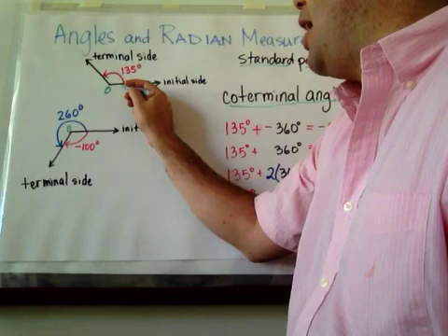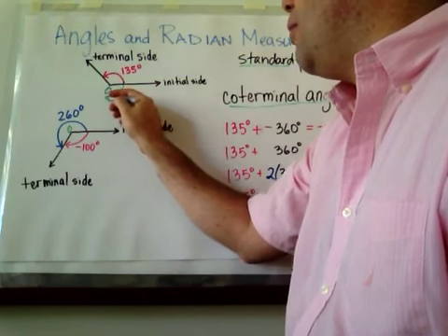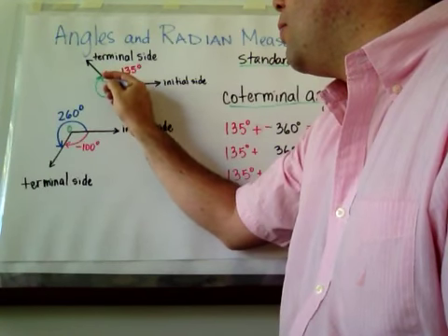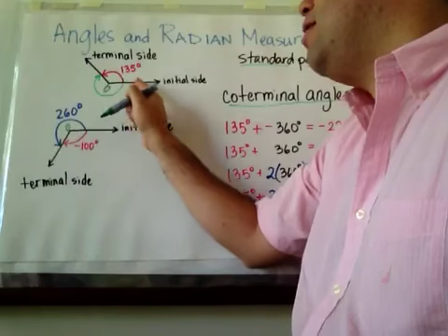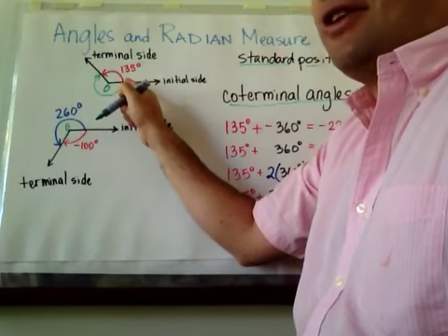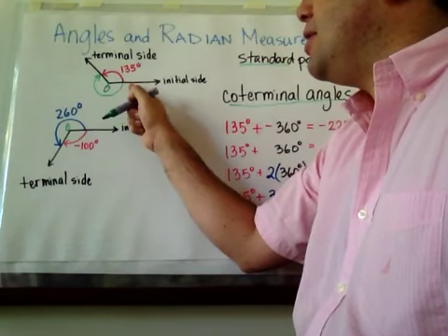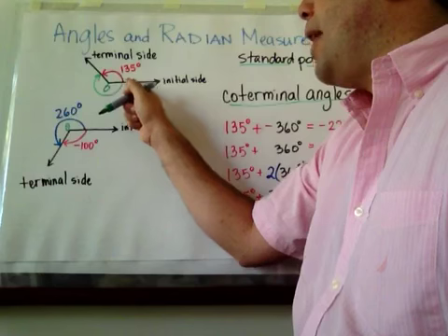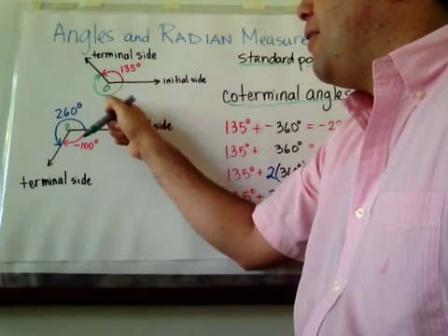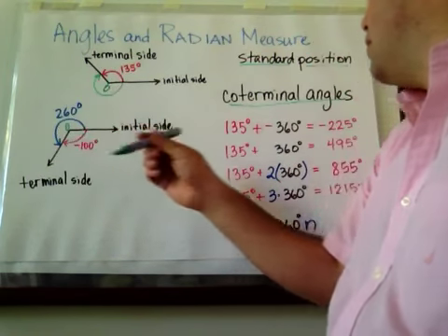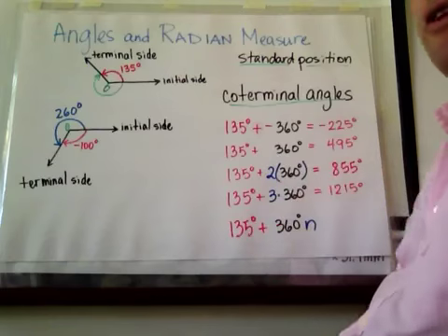We could have the angle that starts here negatively, and that would be, well, 360 degrees is the entire circumference, so that minus 135 would be negative 225 degrees.